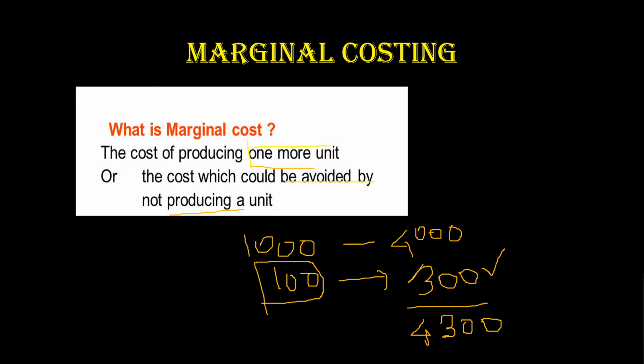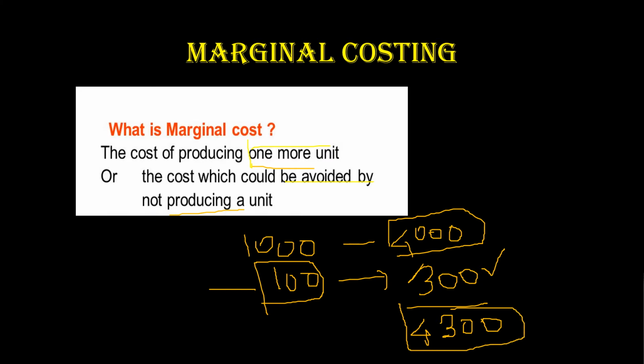This is the marginal cost, or the cost which could be avoided by not producing a unit. If you didn't produce these 100 units, then your cost will be 4000. Because of adding the 100 units to your production, your cost is increased to 4300.